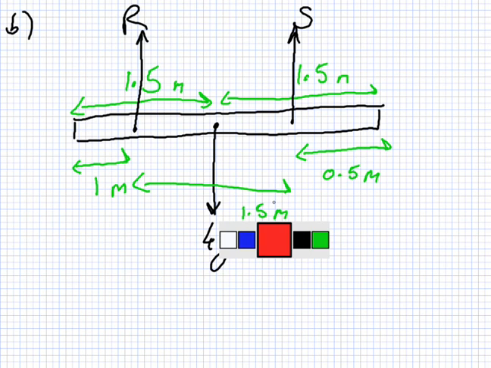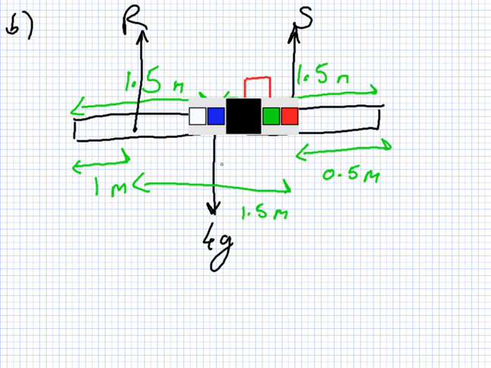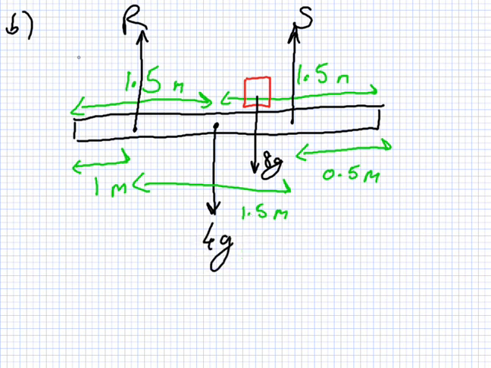And also there is a mass of 8 kilograms placed here, and this is 8 kilograms, so down here is an 8G, and then the distance here, I'll put it in red so you can see it, this distance is 1.6.